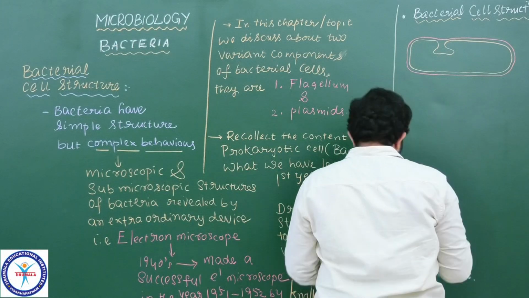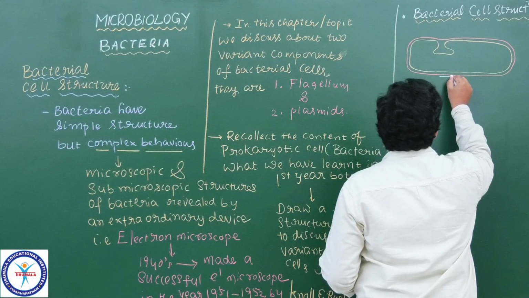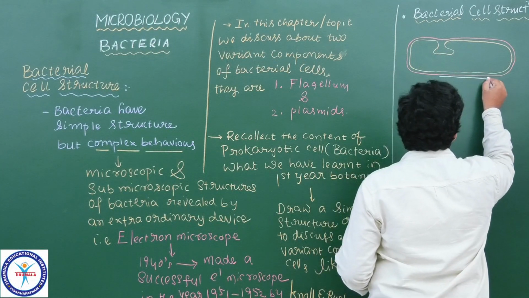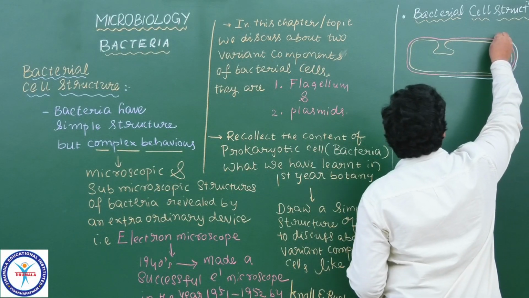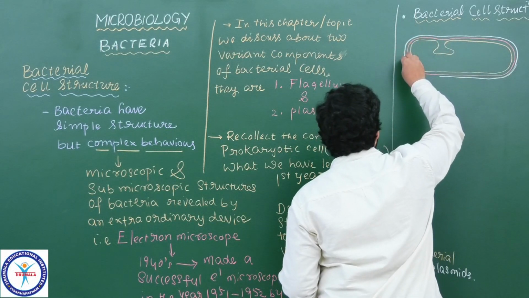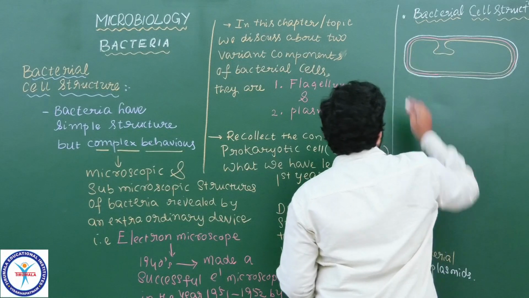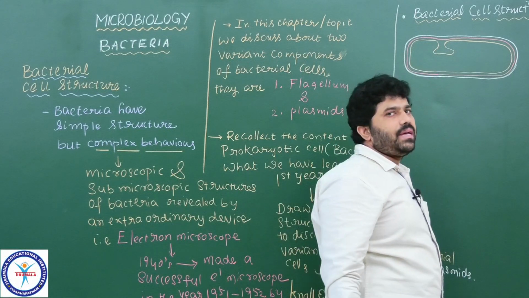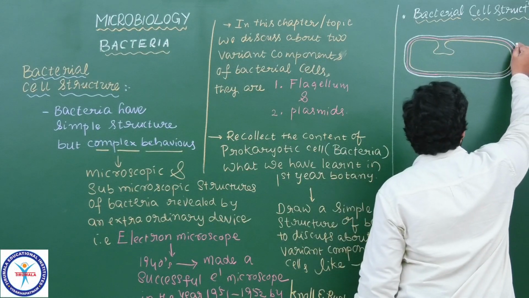This is the cell wall, and above the cell wall we have a gelatinous layer called the glycocalyx. So there are three layers here. These three layers, from exterior to interior, what are they?